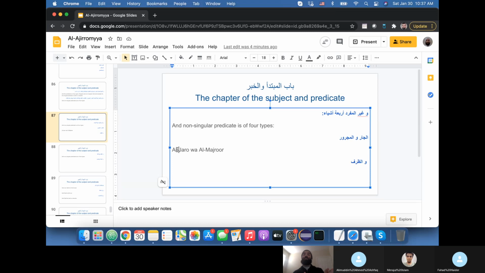When you have a letter of khafd coming before a noun, you call the letter of khafd al-jar, and you call the noun that has the inflection of khafd because of that letter al-majrur. Whenever you have a letter of khafd and a noun that is makhfud, this combination is called al-jar wal-majrur. Everyone uses this terminology, regardless of which madhab you're in.